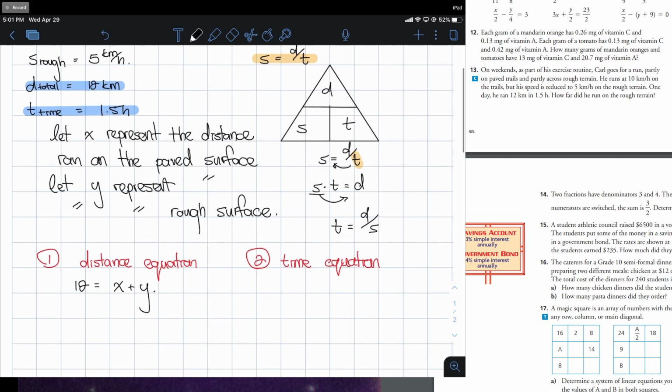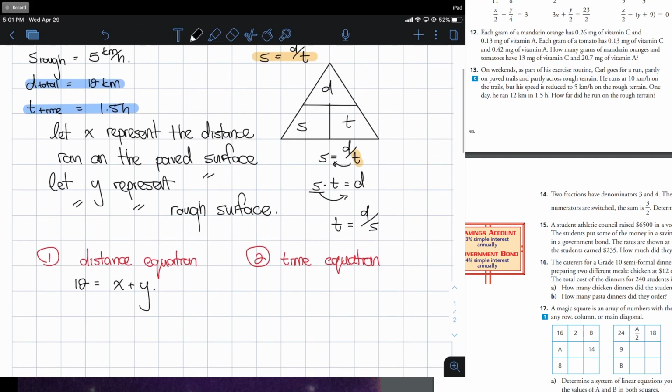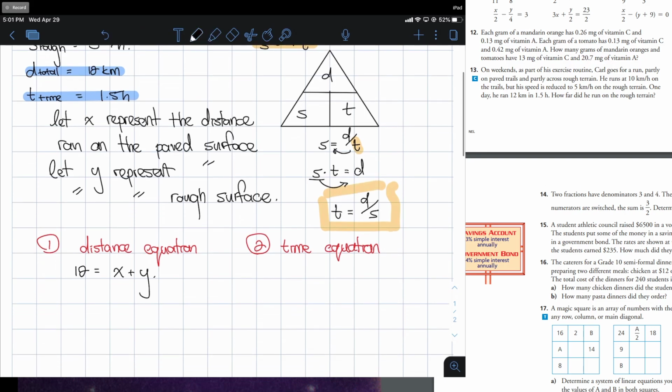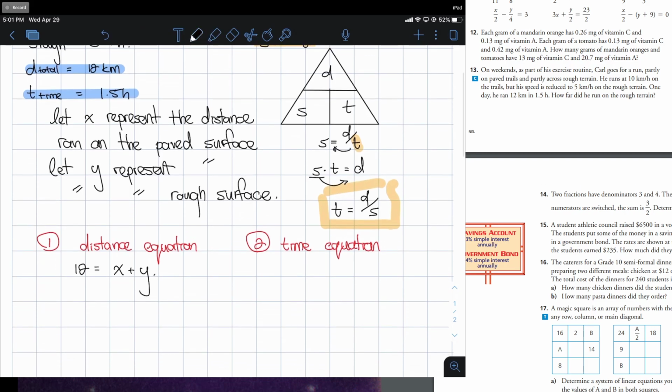So the way I can formulate my time equation is by using this time is equal to distance over speed formula that I've developed here. The total time that it takes him to run is 1.5 hours. And then this will be the time that it takes to run on the paved surface plus the time that it takes to run on the rough surface.